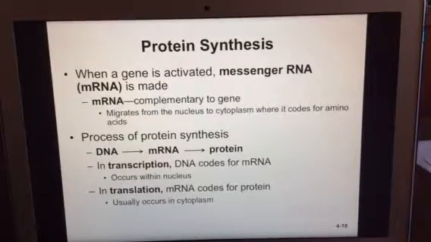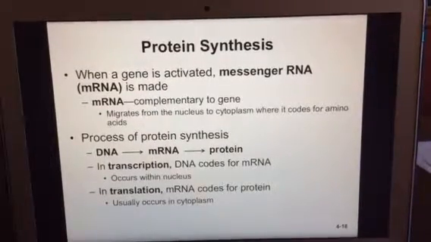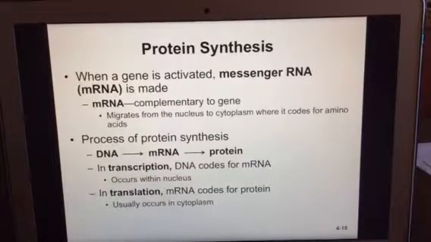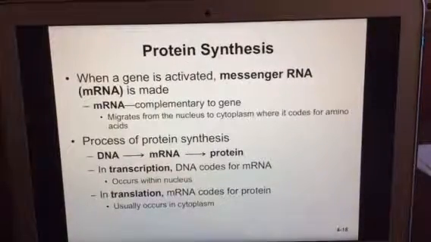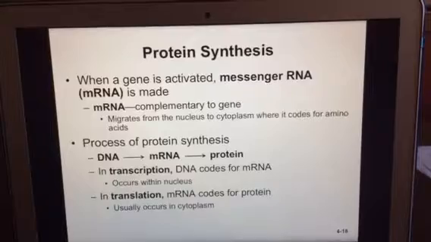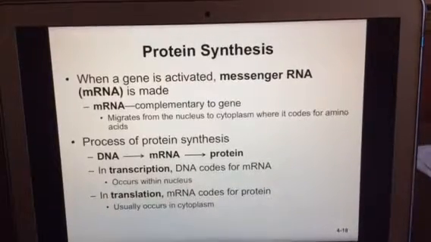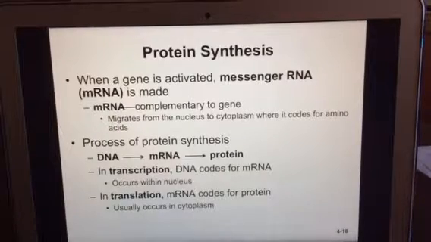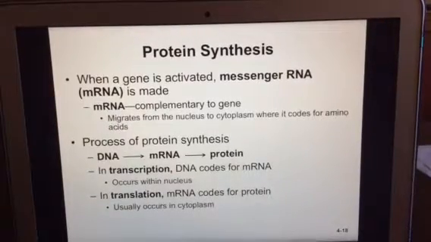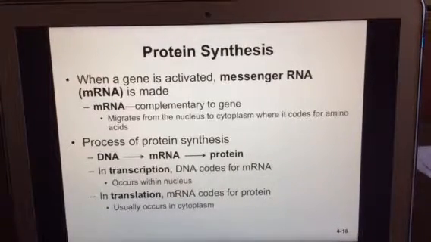Okay, so the first process of DNA making a protein: if you look at that second bullet point where it says DNA to an arrow to messenger RNA to a protein, if you can remember that, you've got the whole process down pat. So DNA making mRNA, that's the first step, and that is called transcription. It occurs in the nucleus. I'm going to post a couple of different animations.